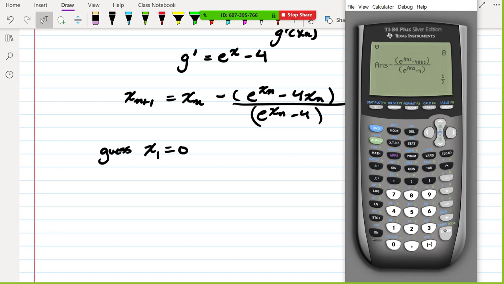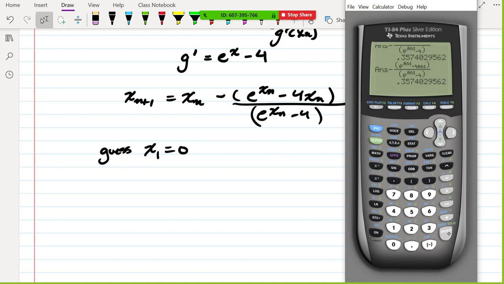And I press again, I get 0.357, and I press enter again, 0.357, and I get this for my solution.